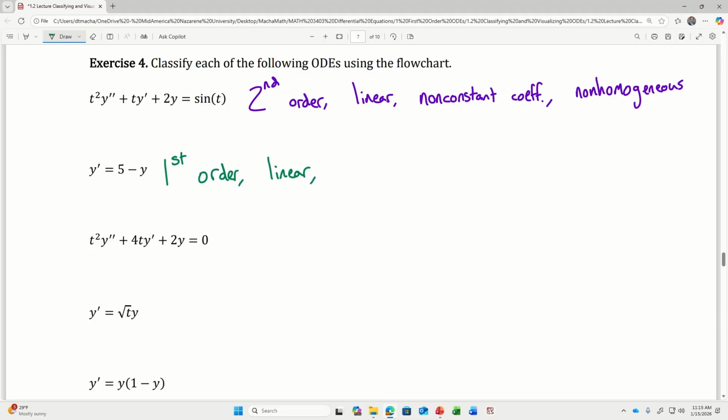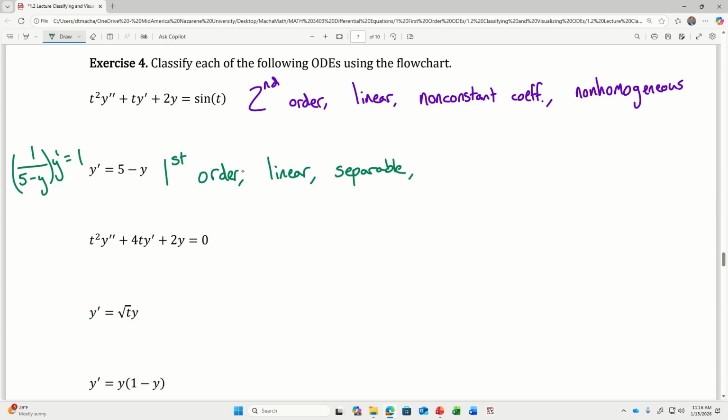And if it's first order linear, the next thing we ask is, is it separable or not separable? It is separable, because to write it as separable, I would have to write 1 divided by 5 minus y times y prime equals 1. But that's a function of only y times y prime. So it's first order linear separable.